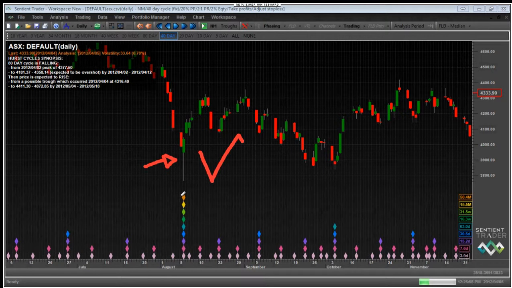Now, according to this analysis, Sentient Trader has positioned a trough at the moment of 54 months magnitude. In other words, a really major trough. It's positioned it on that day, and so that trough is a sort of spike that happened on that day. Now, Hurst spoke about something that he called fundamental interaction.